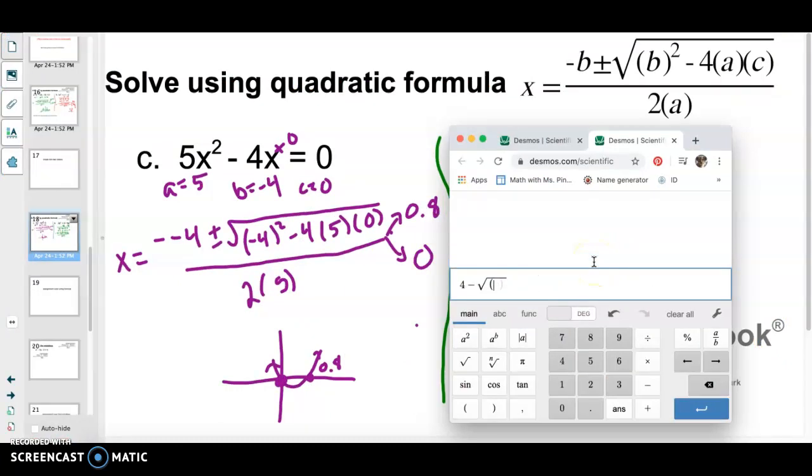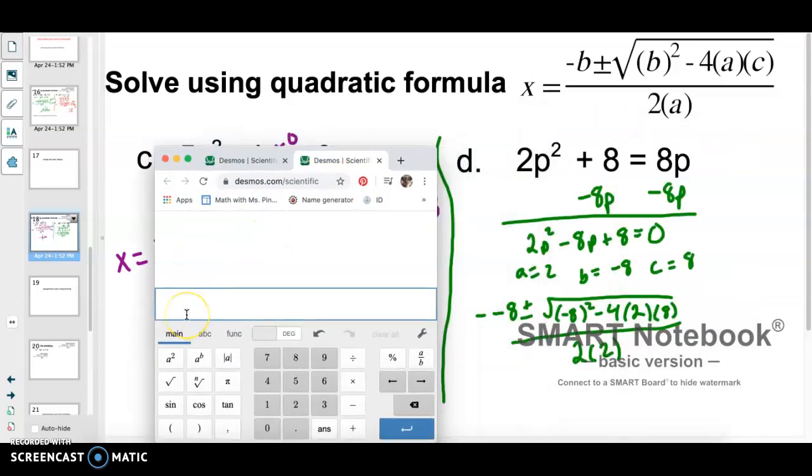So we can delete everything we just did. So we're going to have -8 is a +8. So we'll have +8 plus square root of -8 squared minus 4 times 2 times 8 all over 2 times 2.